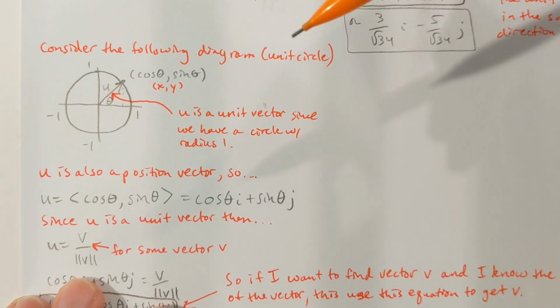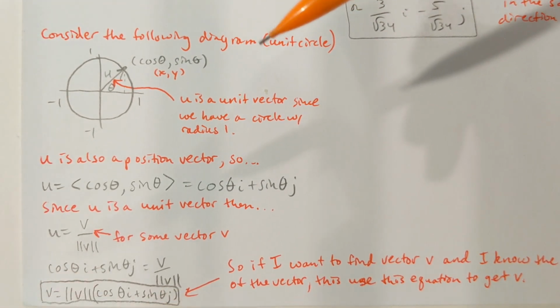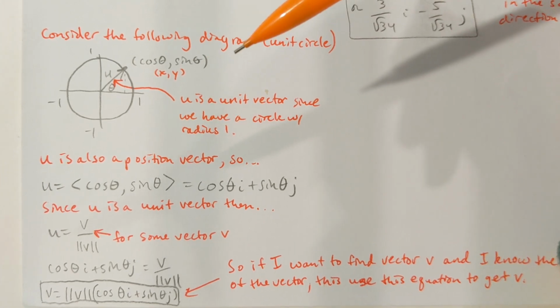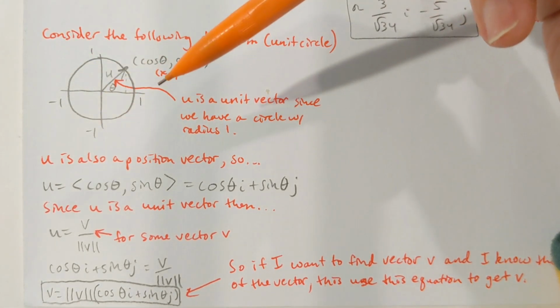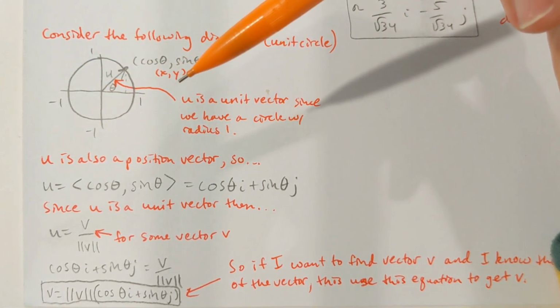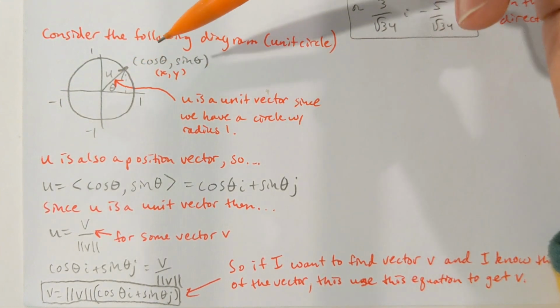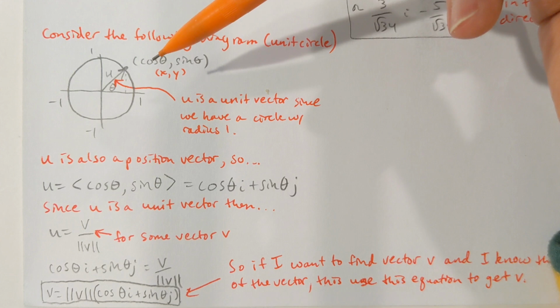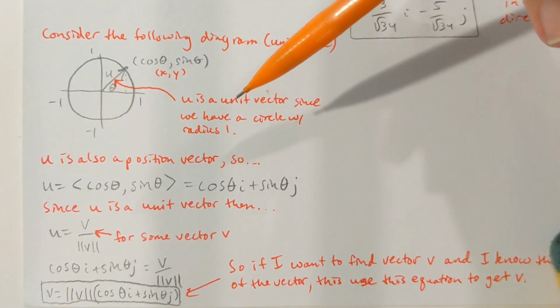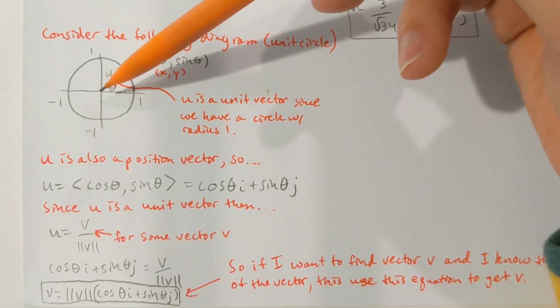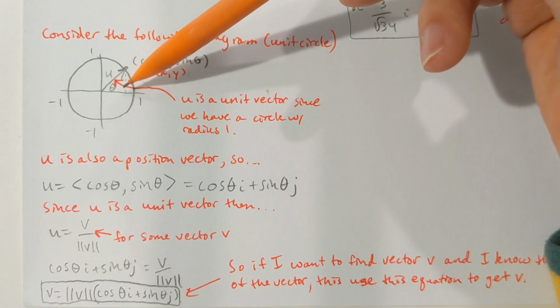Now u is a unit vector, since I'm working with a circle of radius 1. And in this picture here, the terminal point of u would be represented by using coordinates (x, y). How you would get to that point would be start at (0, 0), go x units to the right, and then y units up.